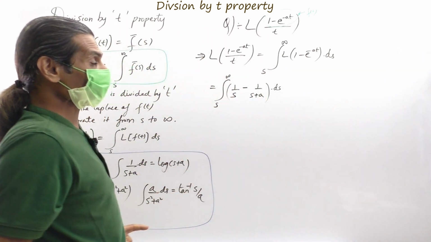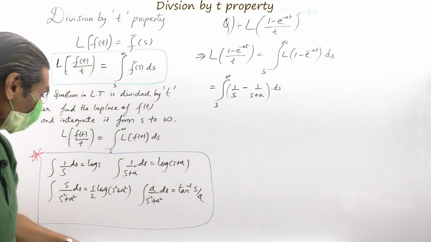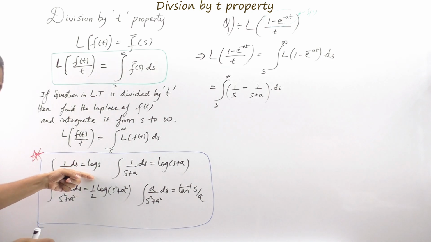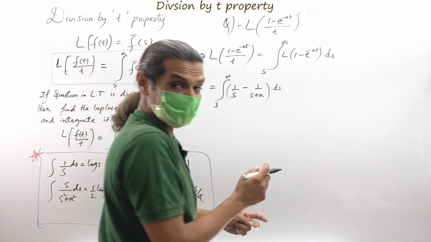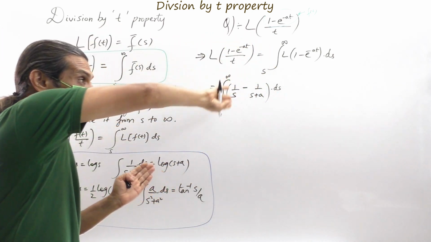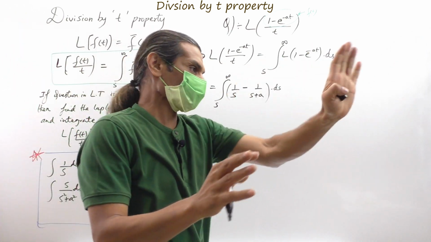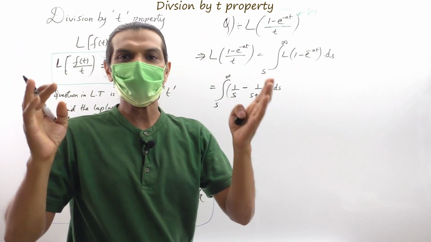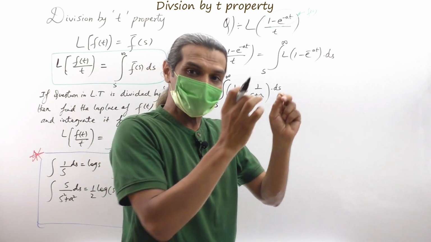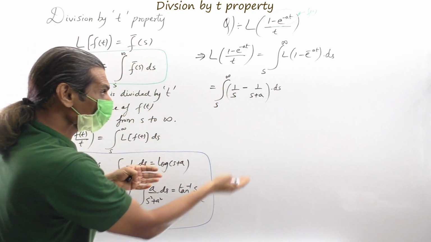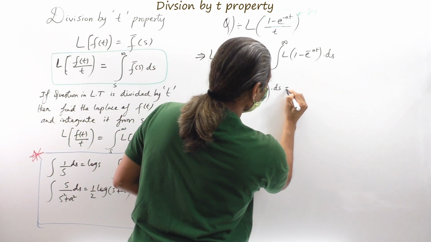Now, after doing that, I have already given the formulas here. Integration of 1 by s is what? Log s. So, when I integrate, the integration sign goes. Even if you do not know that much integration, it is very simple to remember, and practice with me, you will get it. So, when I integrate, the sign goes. What remains?